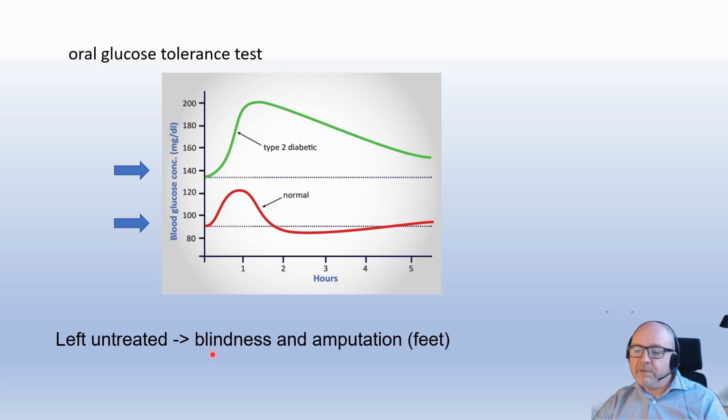Diabetes, if left untreated, can be very serious and lead to blindness. It's not so common here in the Western world, but it can happen even in elderly people, because diabetes can go unchecked and undiagnosed.